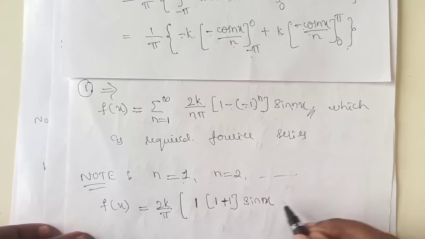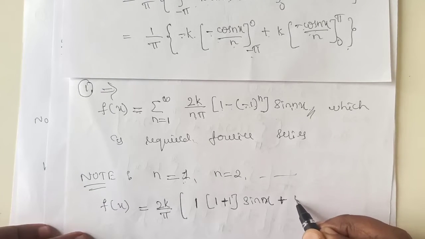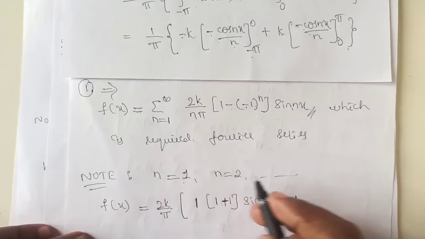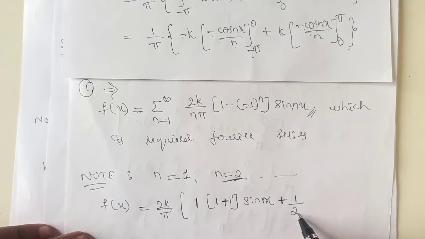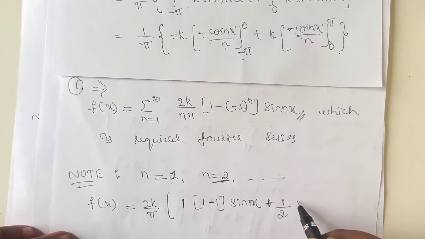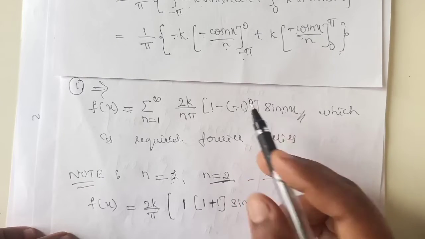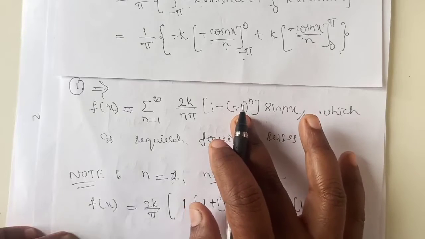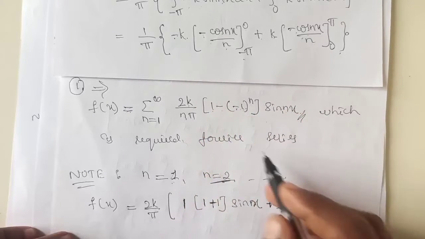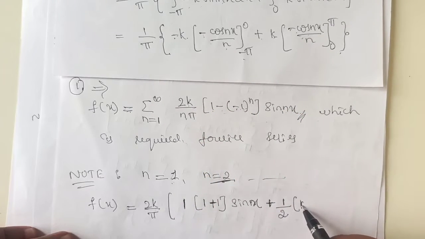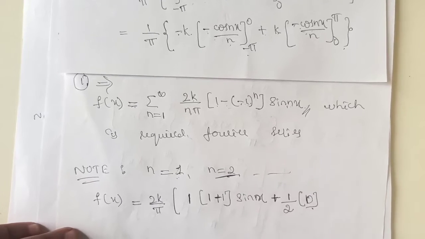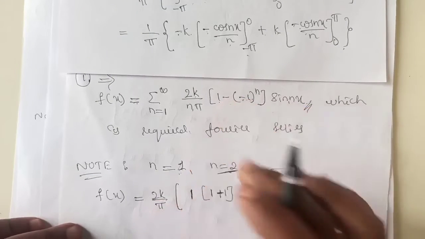Next, for n equals 2 we get 1 by 2, 1, so if power is even then we get plus 1, plus 1 into minus 1 equals 0, so second term becomes 0, for even terms it becomes 0.